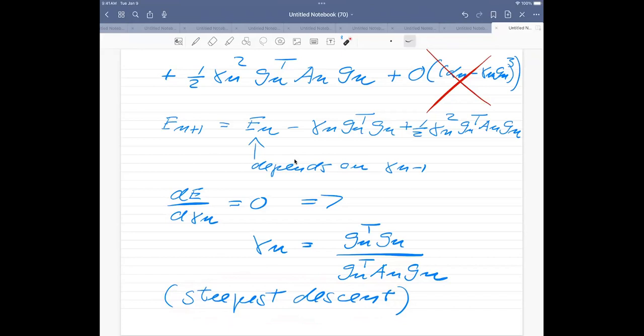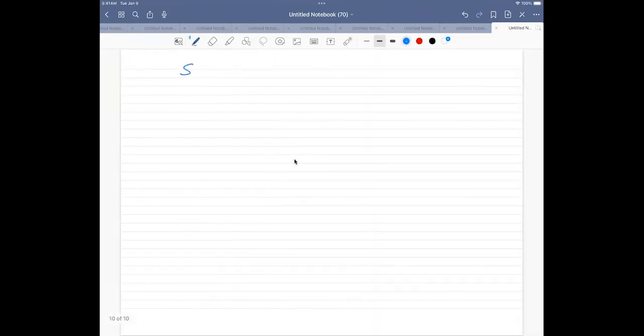However, let's say now, as an example, suppose that these gradients are the eigenvectors of this matrix A. So suppose that A of n times g of n is equal to lambda times g of n.